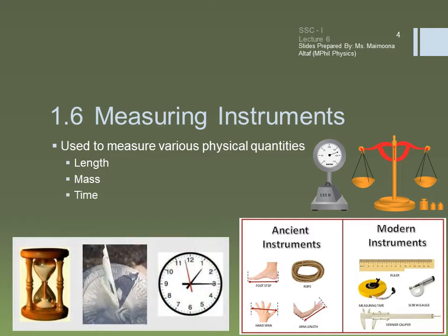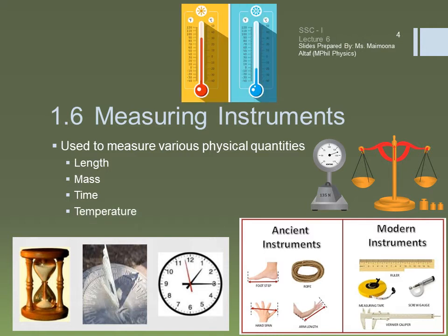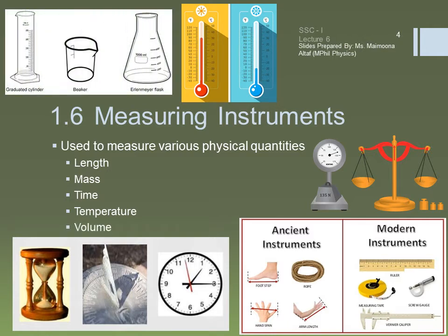For the measurement of time, sand clock, sundial, simple clock, stopwatch, water clock, and other time measuring devices can be used. For the temperature, we can use the thermometer, and for the measurement of the volume, we can use either the graduated cylinder, beaker, or a flask.